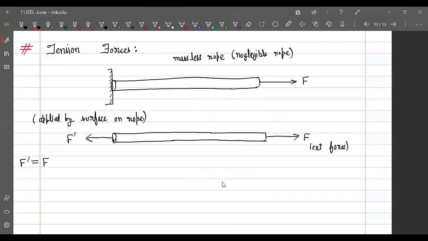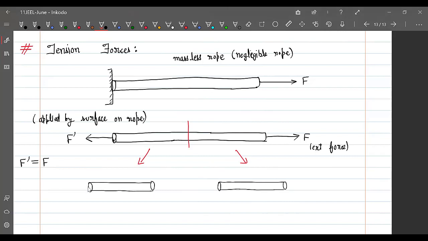Means if we have to analyze what is happening inside the rope, I'll make a cross section here and draw the FBD of these two portions. This is this part, and the other part is here.